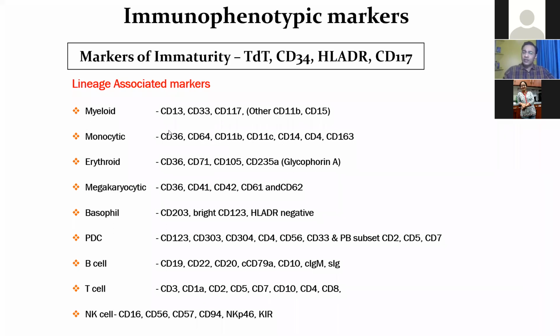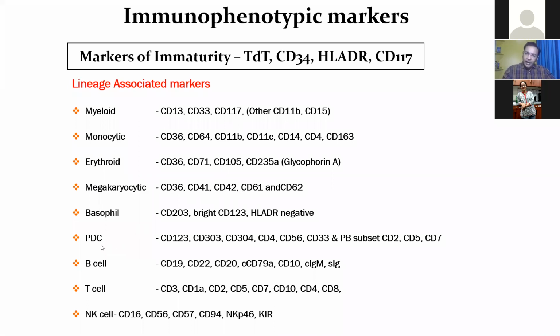We also use CD36. In fact, CD36 is a very helpful marker because it is expressed in 2-3 lineages. Erythroid lineage we identify by using CD36, CD235, very specific to the erythroid lineage, and CD105. For megakaryocytic or megakaryoblastic lineage, we use CD41, 42, CD61, 62. Commonly, we use CD41, 42, 61, and 36.